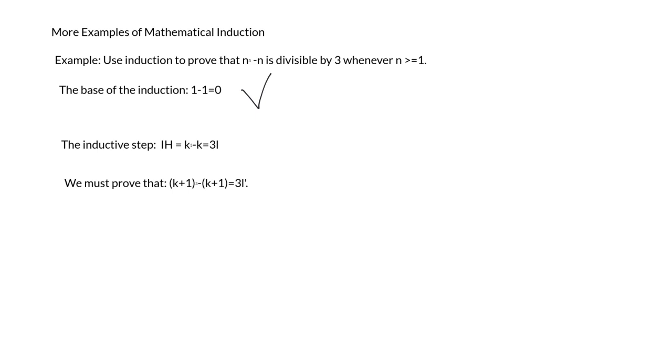All right, now this is again a very simple example, and we just expand the left hand side of what we want to prove. If we do that expansion, we get the following.